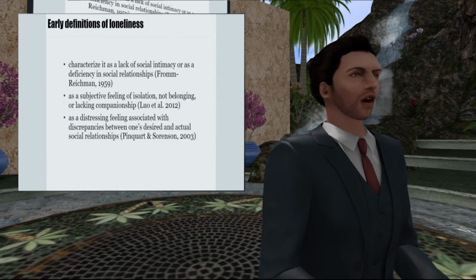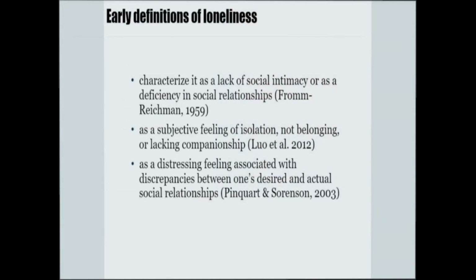So if we look at the early definitions of loneliness, it was initially this lack of intimacy, and then evolved to this subjective feeling of isolation, not belonging. And Pinkwart and Sorensen were saying this is a distressing feeling and a discrepancy with one's desire.